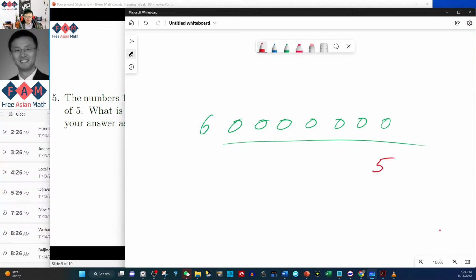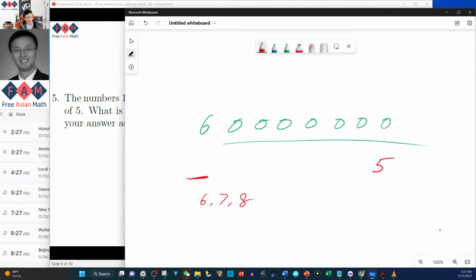And the other 7 digits occupy the first 7 places, but this number must be greater than 60 million. That means the very first digit should be 6 or 7 or 8. Any of those 3 will guarantee the number will be greater than 60 million.